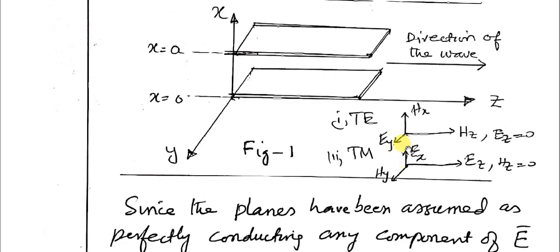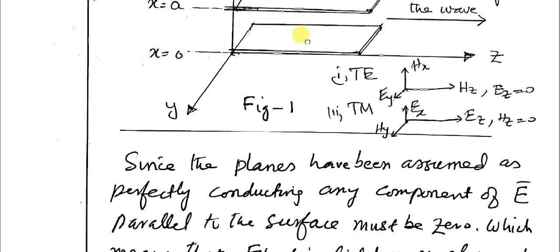We consider the tangential component because it is a conductor. When the wave hits the conducting surface, the tangential component is reflected back, so that component is equal to 0.